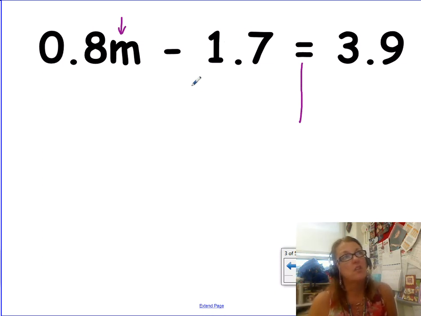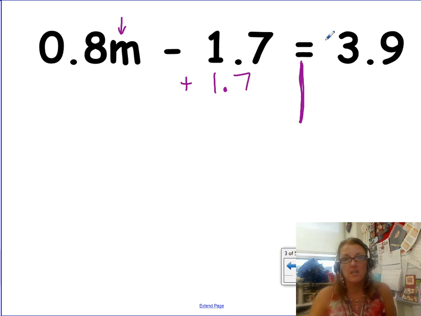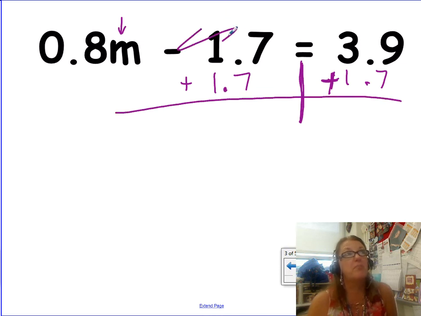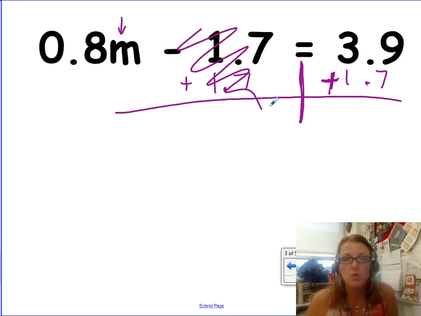So the first thing you're going to do is add 1 7/10. The reason I put this bar here is so that you can see this side, keep things balanced. If I add 1.7 on this side of the equation, you have to add 1.7 on this side of the equation. The reason we do that: those two wipe out because they're opposites and they go to 0.